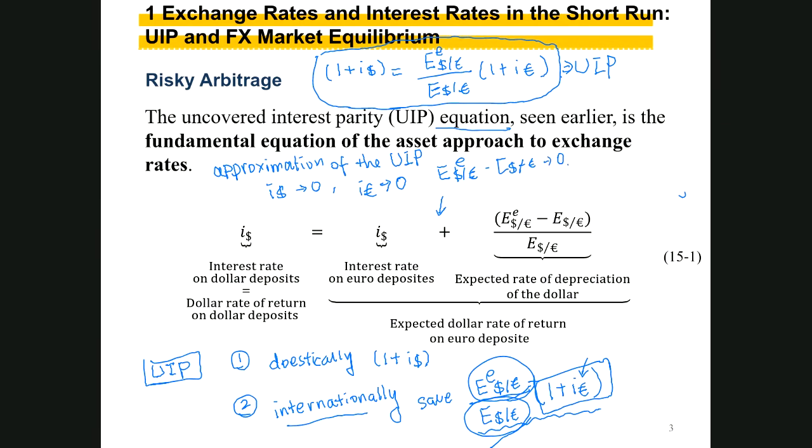By these three assumptions, we could expand the original UIP into this term, by using just a little bit of algebra, right? So what is this term? Can I write it as this?